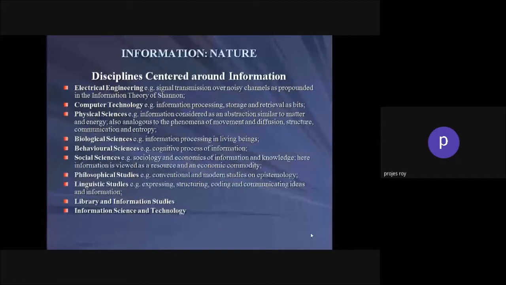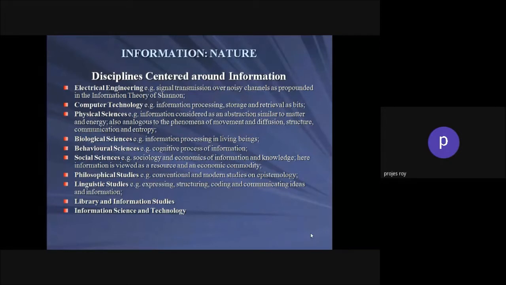In computer technology, you will see information processing, storage, and retrieval as bits. In physical science, information is considered as an abstraction similar to matter and energy, also analogous to the phenomena of movement and diffusion, structure, communication, and entropy.